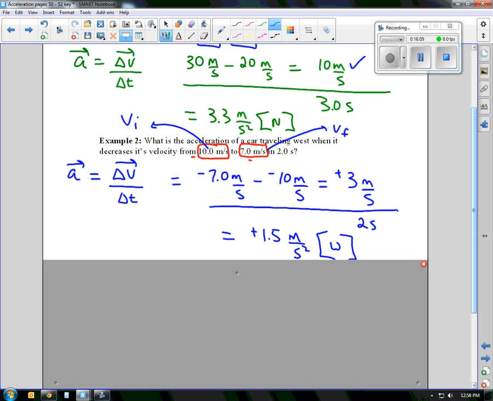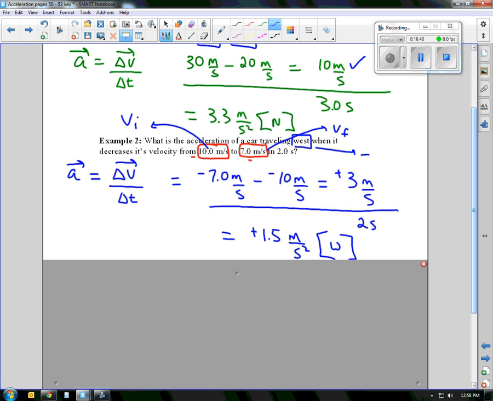Remember, west is a negative direction. So go to your equation then, and you're going to write velocity final. That was 7 meters a second in a negative direction, which means it's minus 7 meters per second, minus our initial, which was negative 10 meters a second, because that's also westbound, and that's a negative direction.